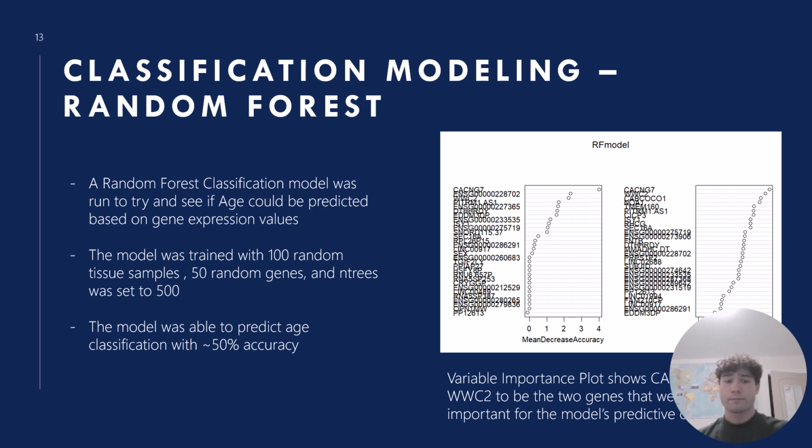For WWC2, I think there's still some ongoing research as to what exactly this gene does, but some have found it linked to cancer in the brain. And I think that CACNG7 is an ion channel that's super important for cognitive function as well. So I found those to be interesting, and they go along with the data that I've been looking at.